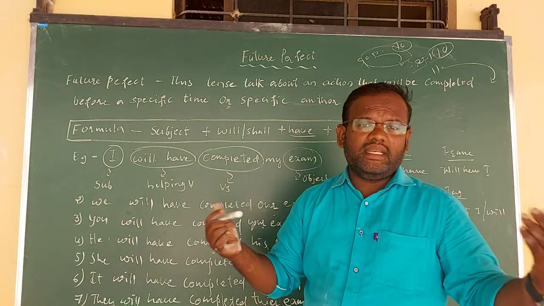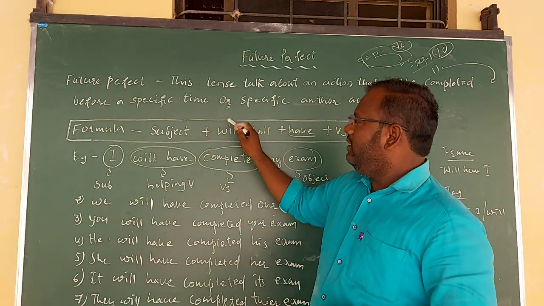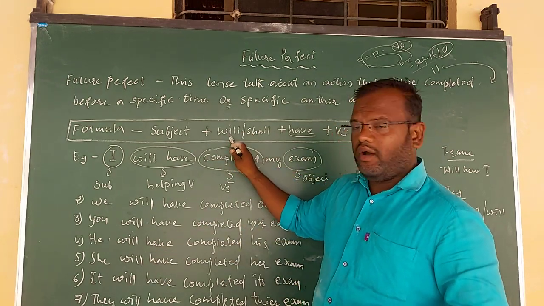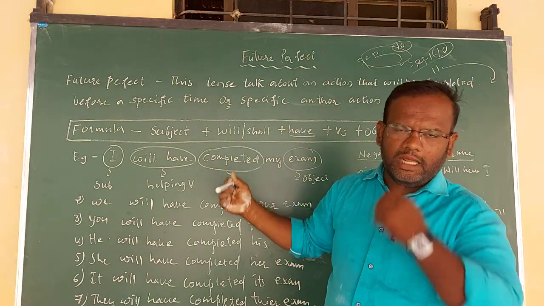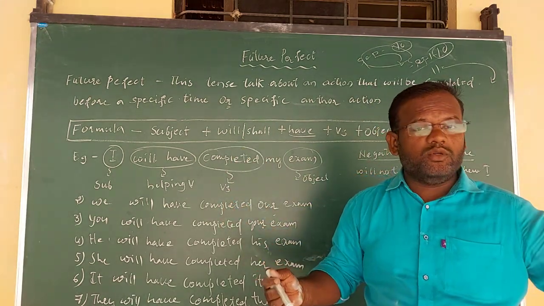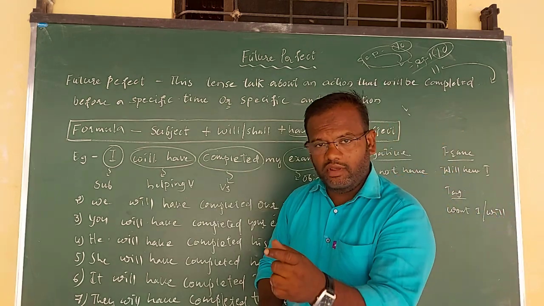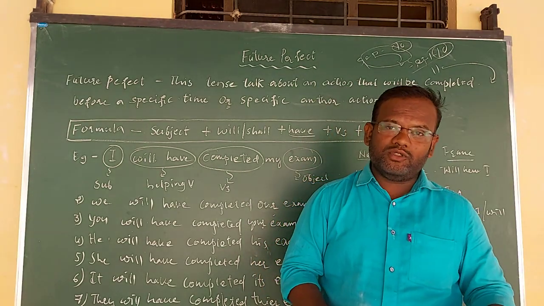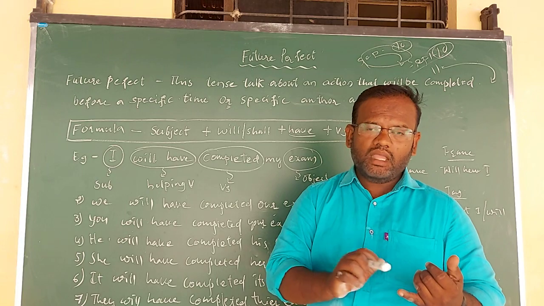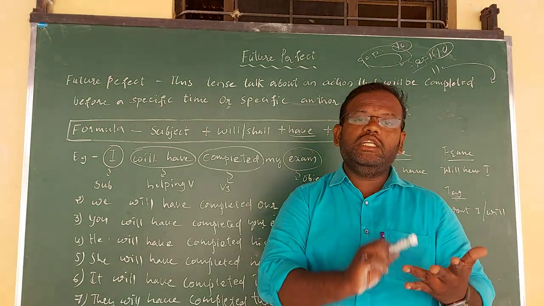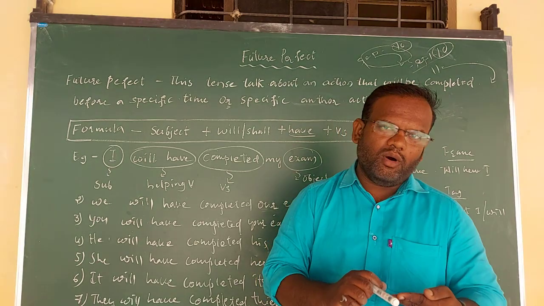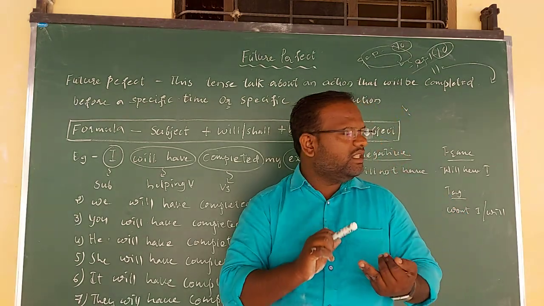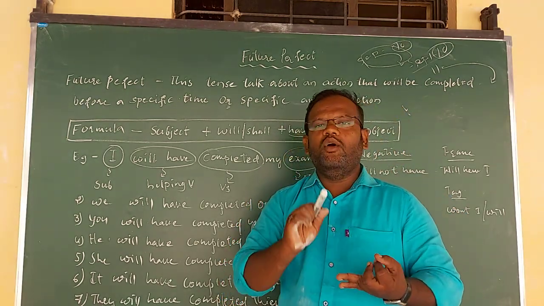Those things you can take as a subject here, and subject plus will or shall. Here we can use will or shall. In the previous class I have told you very clearly where we need to use will and where shall. Except for they and you, shall can be used for all, and will also can be used for all, but for they and you we need to use will only.